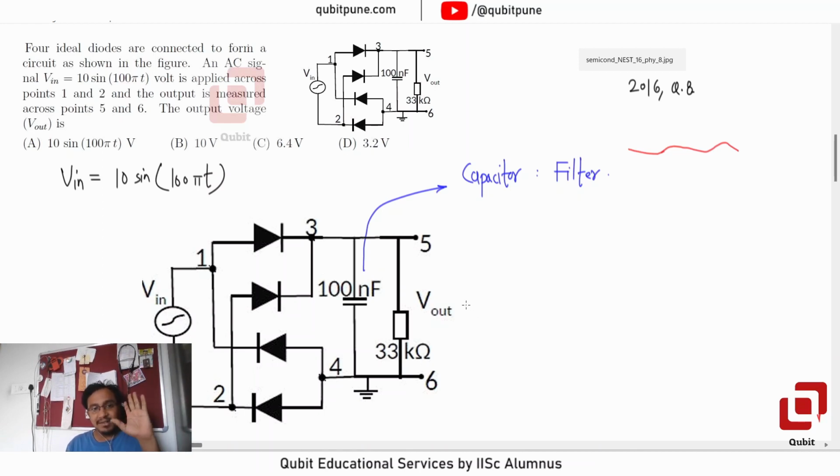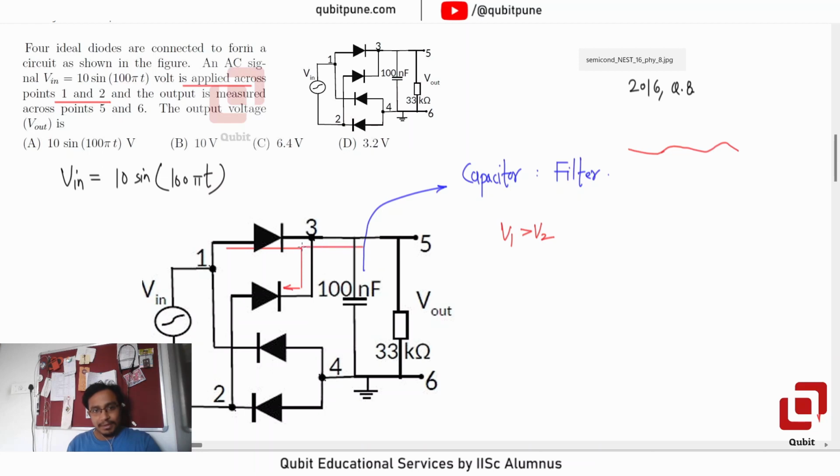Now let us consider the rectification part. Suppose V1 is greater than V2. They are saying the voltage is being applied across points 1 and 2, so let's consider V1 greater than V2. So what is the possible path for the electric current? 1 to 3 will be blocked.